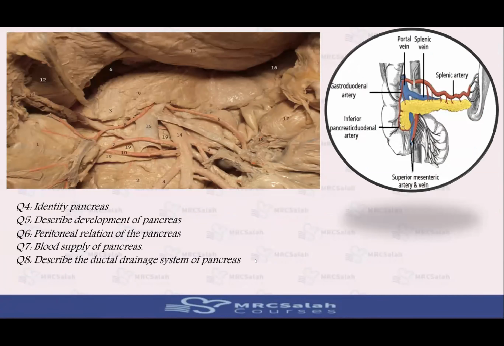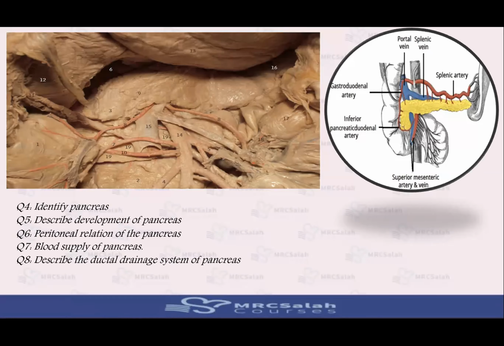Okay, next question. Dr. Tadros, can you please identify the pancreas? Which numbers? Number 9, and number 3 and number 16, tail of the pancreas. Also a question for you, Dr. Tadros, can you describe the development of the pancreas? From the ventral bud and dorsal bud.